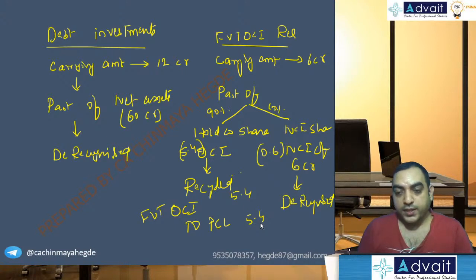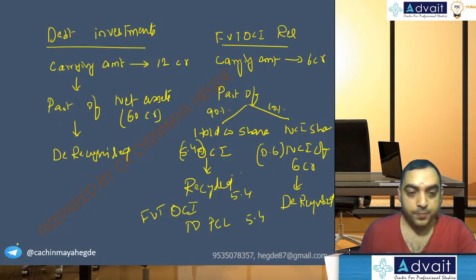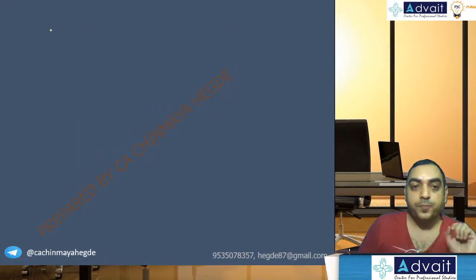In my question, why is the entry not OCI debit 6, to P&L 5.4 and to NCI 0.6? You are debiting OCI 6, but NCI we have done this already, my dear friends. Kanishka, I don't think your doubt is clear. Let me do it once more.